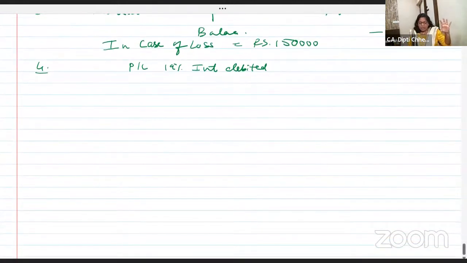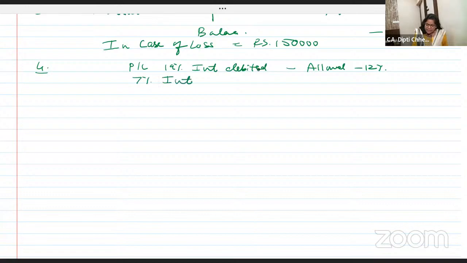Chalo. PNL account 19% interest is debited. Okay, right. How much is allowed? 12%. आप लोग लिख रहे हैं example? Yes. 7% interest disallowed for firm. Partnership firm has paid 19% interest to partner and they have debited in the PNL account.